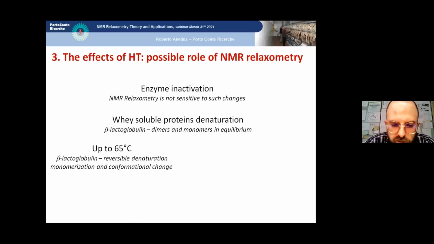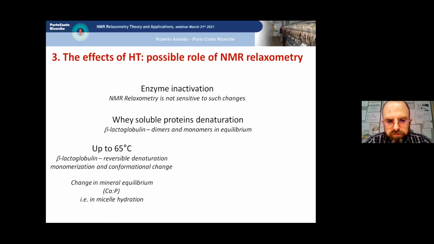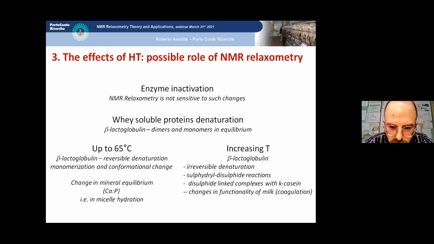Many authors have observed the reversible changes in beta-lactoglobulin. There's a lot of literature on that. At the same time, the casein micelle is affected by modification in the hydration level due to changes in the mineral equilibrium. By increasing the temperature of treatment, beta-lactoglobulin undergoes irreversible denaturation and aggregation, which finally leads to the generation of complexes with kappa-casein.